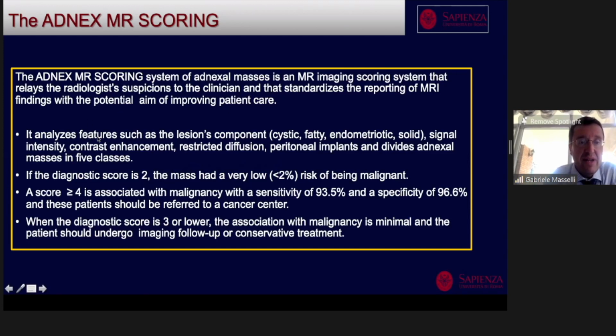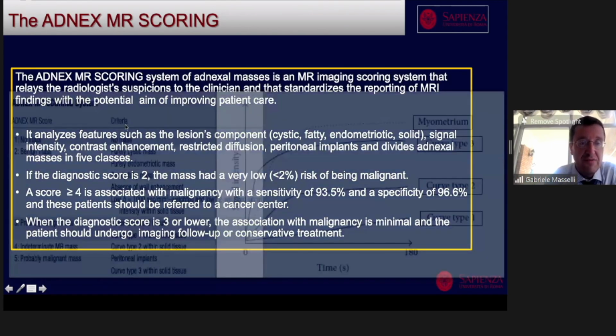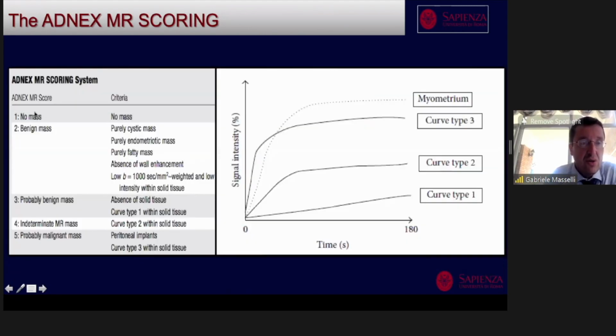This system analyzes features such as lesion components, signal intensity, contrast enhancement, restricted diffusion, and the presence of peritoneal implants, and divides adnexal lesions into 5 classes. You can differentiate from 1 to 5. The score 5 is when you see a probable malignant mass.